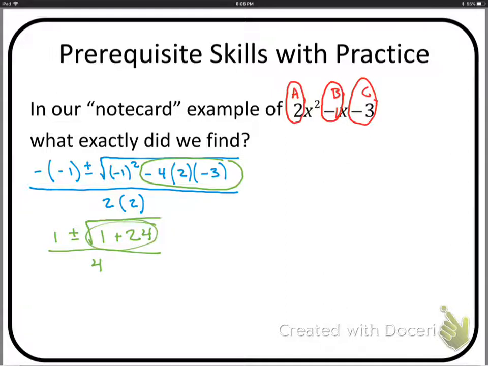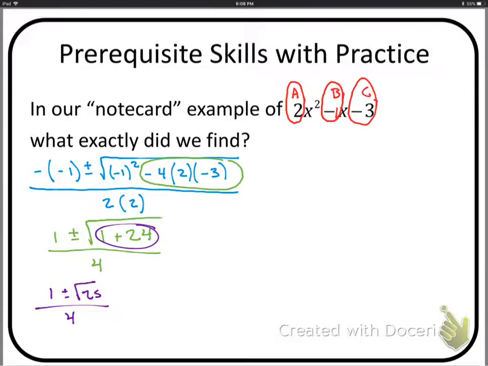Now I'm going to simplify the discriminant. 1 plus 24, so this is 1 plus or minus the square root of 25, divided by 4. Still simplifying, the square root of 25 can be broken down into 5.